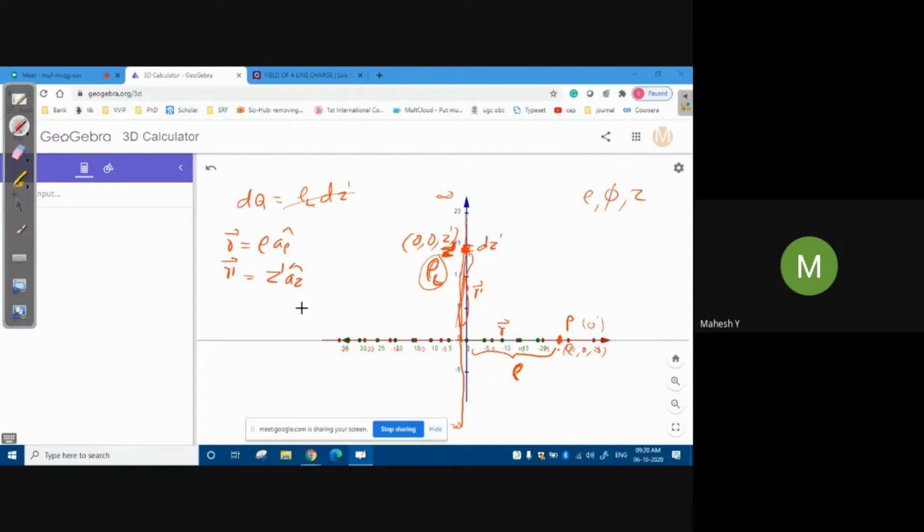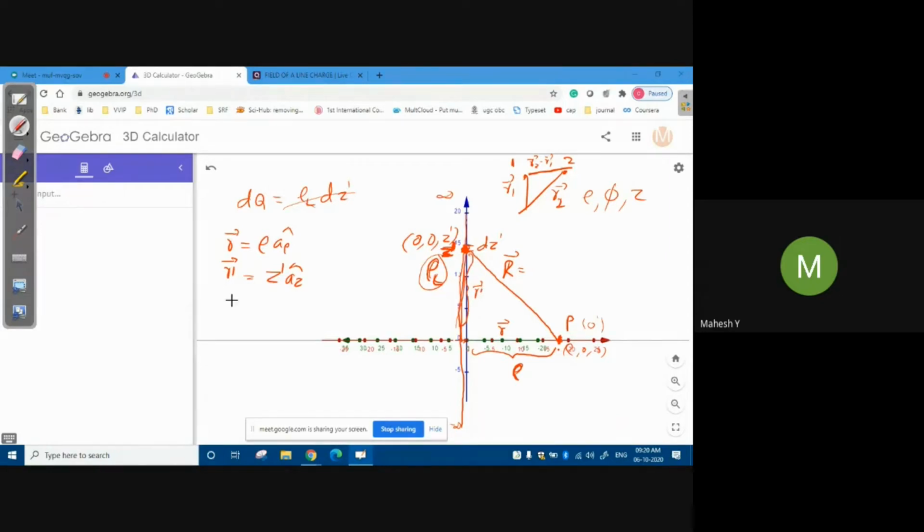Okay. So we want the vector which connects these two, right? P and dz. That is represented as vector r. So what is vector r? We discussed this one. We have a point 1, we have a point 2, and the position vectors are r1 and r2, and this vector is then r2 minus r1, right? The same principle I can apply here. This is rho a rho, this is our r, this is r prime.